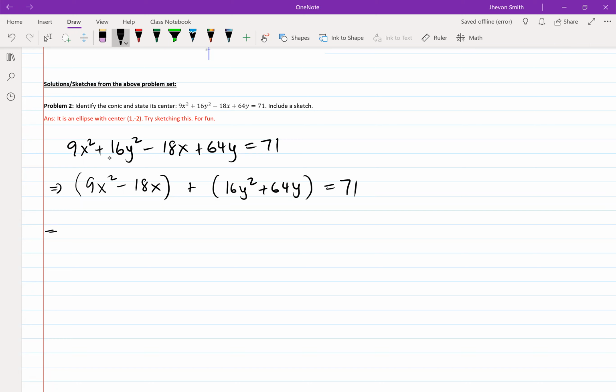And to complete the square, you are going to have to factor out the coefficient of the x squared, and the coefficient of the y squared. 16 goes into 64, I want to say 4 times.